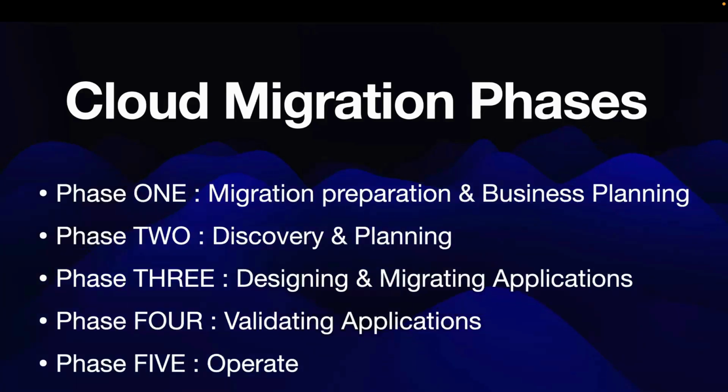Now, the migrating phase then puts the plan into action, moving applications and data to the AWS cloud according to the roadmap. This process may involve incremental migrations or bulk transfers depending on the workload and the chosen strategy.